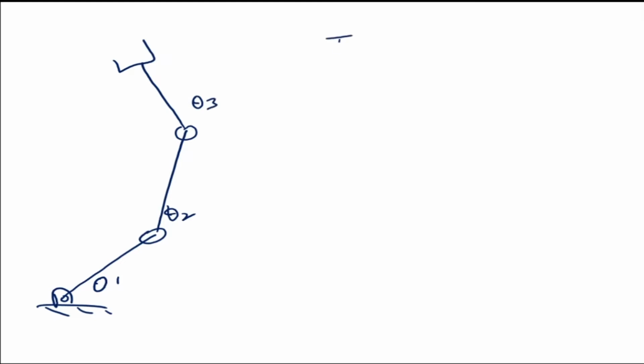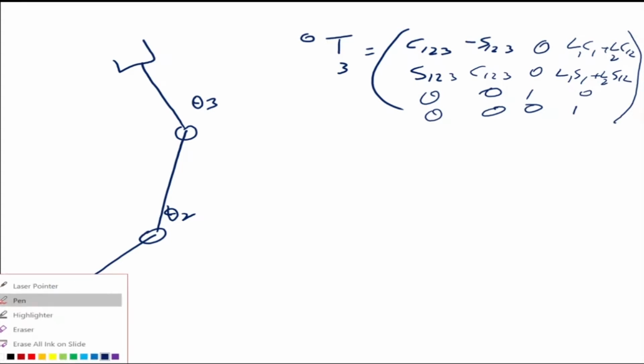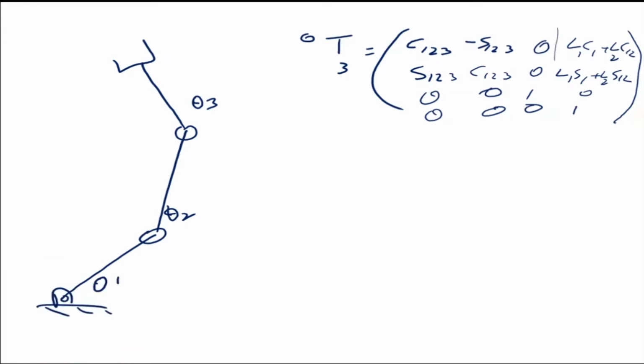My matrix came out as T0 to 3, which is equal to cos θ123, minus sin θ123, 0, L1 cos θ1 plus L2 cos θ12; sin θ123, cos θ123, 0, L1 sin θ1 plus L2 sin θ12; 0, 0, 1, 0; 0, 0, 0, 1. Now we have 4 parts of this matrix.